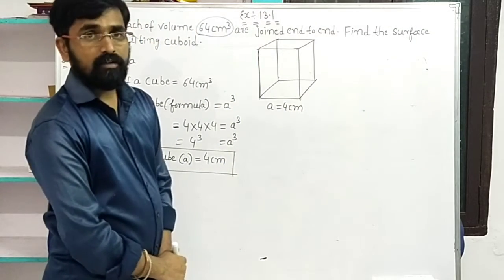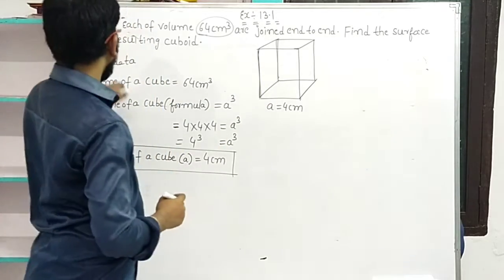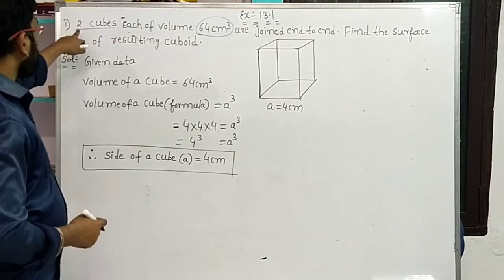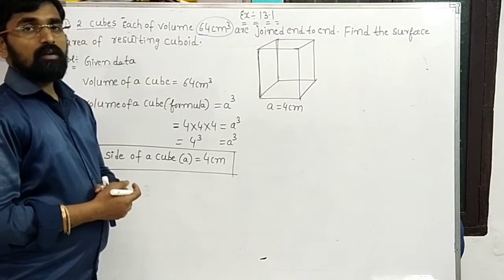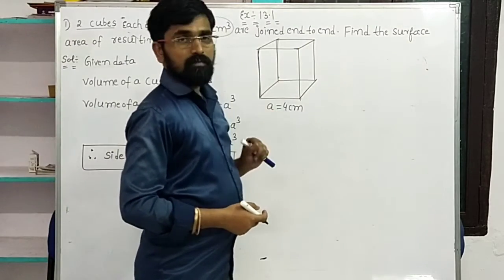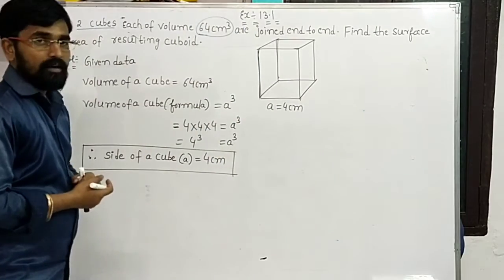This is a cube of 4 centimeters. Now we got the side of a cube as 4 centimeters. Next they are asking, two cubes each of volume 64 centimeters cube are joined end to end. Find the surface area of the resulting cuboid.